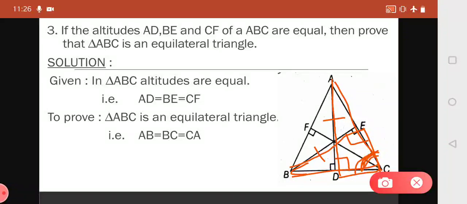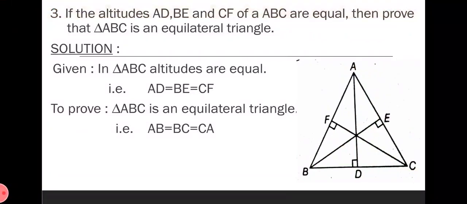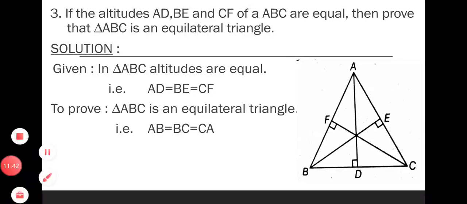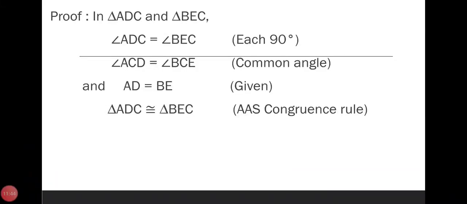Therefore, according to AAS congruence rule, we have triangle ADC congruent to triangle BEC. Then AC equal to BC. Why? Because this is CPCT, corresponding parts of congruent triangles. These two triangles ADC and BEC are congruent, so AC and BC are the corresponding parts of these two triangles, which will be equal.